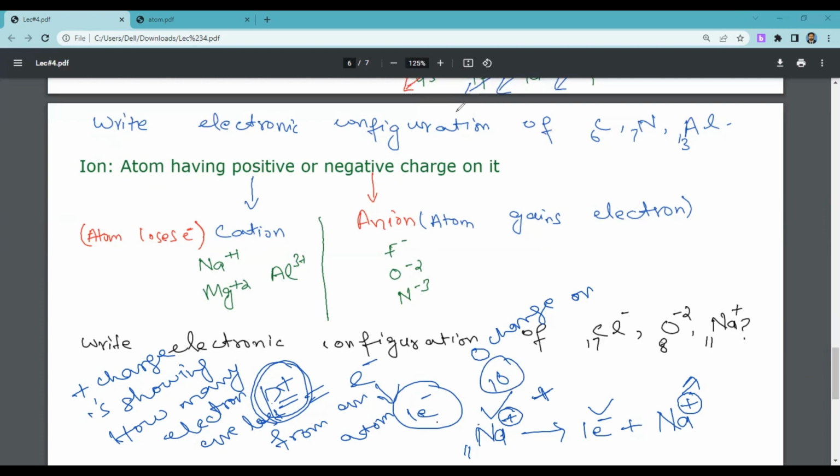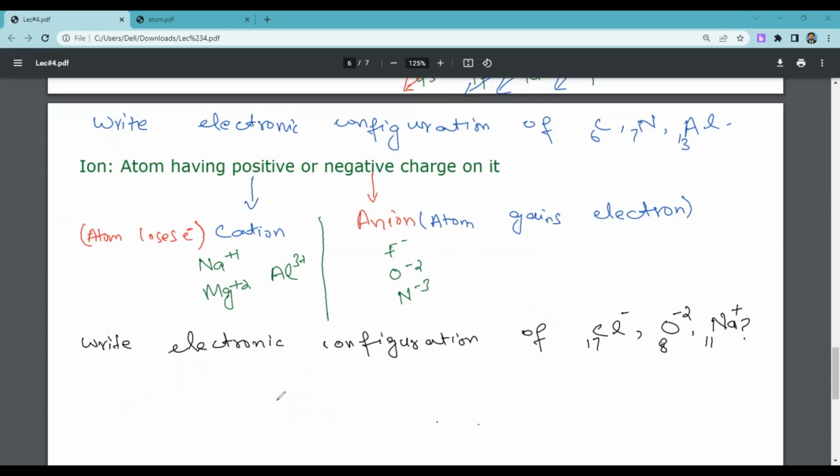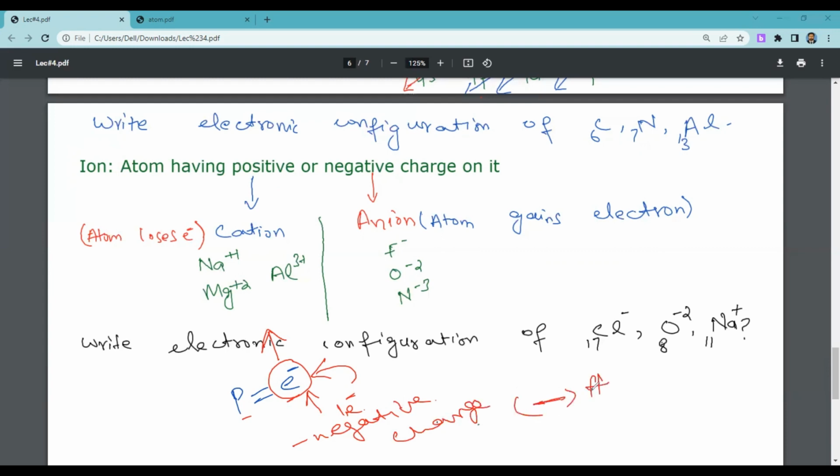When we come towards the anions, similarly protons and electrons are equal. If one more electron is added to the atom, the electron number will increase, and then a negative charge will come on the atom. The negative charge indicates how many electrons an atom has gained.